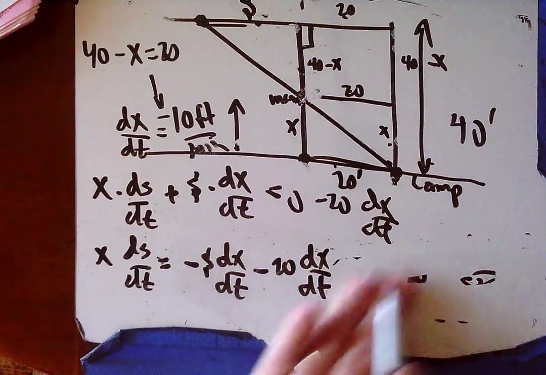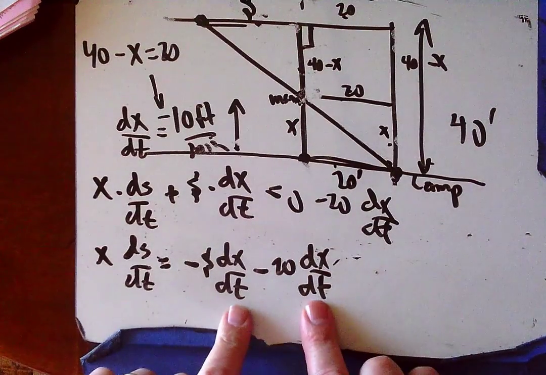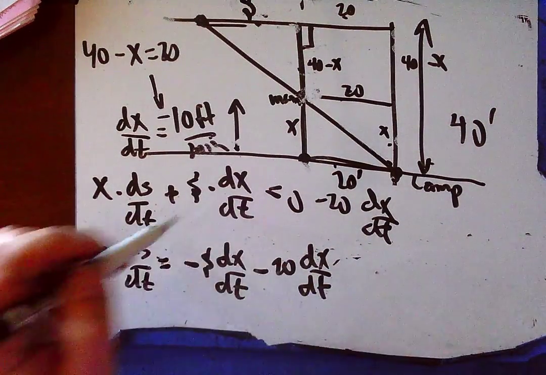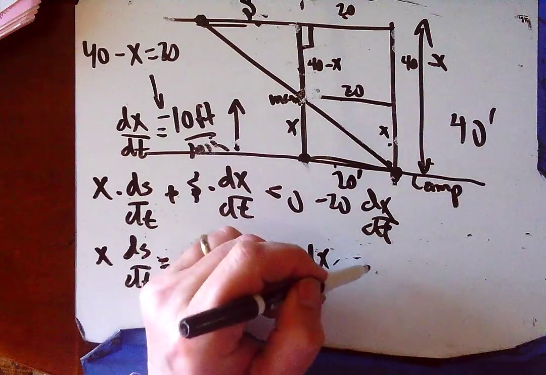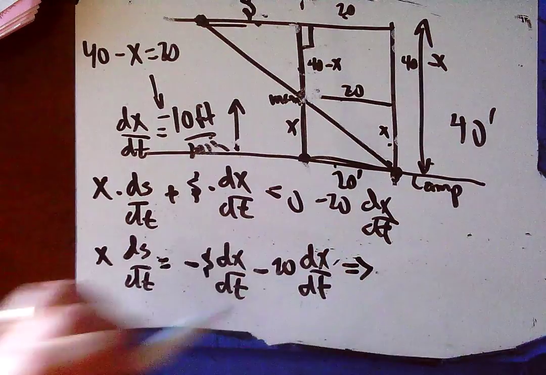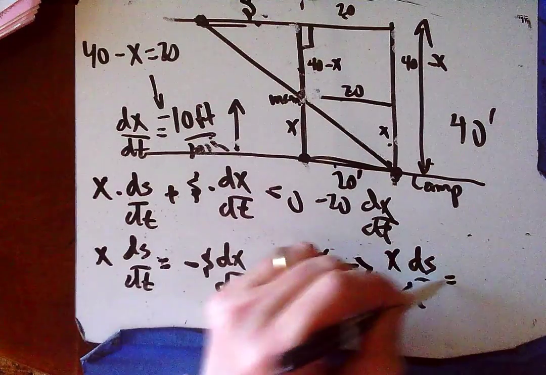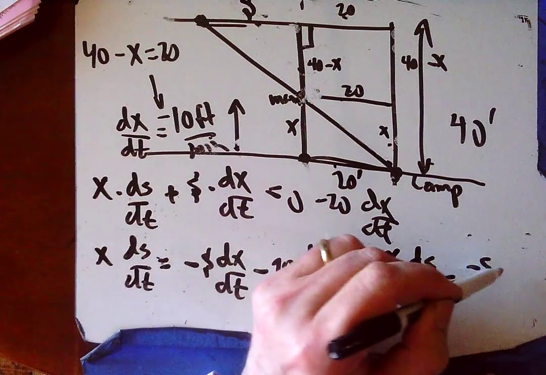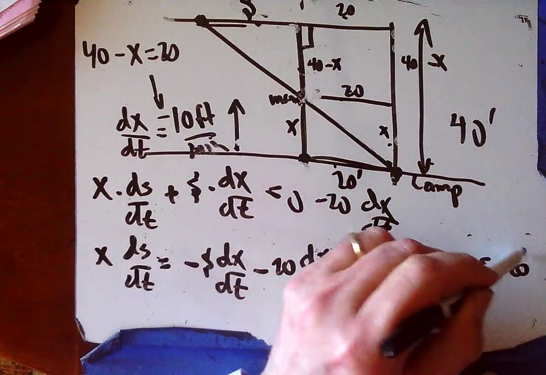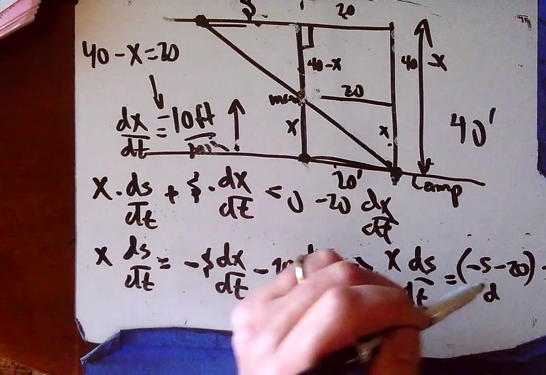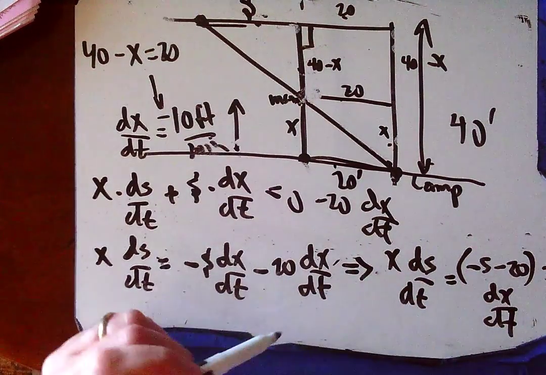Now, I see that I can factor out a dx/dt, and so I'm going to have x ds/dt equals minus s minus 20 times dx/dt.